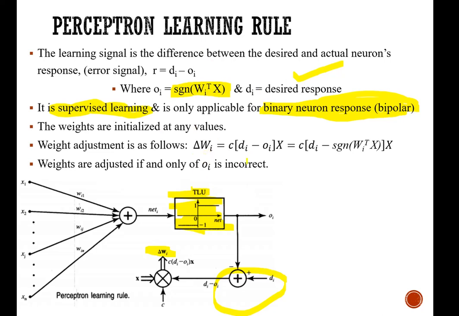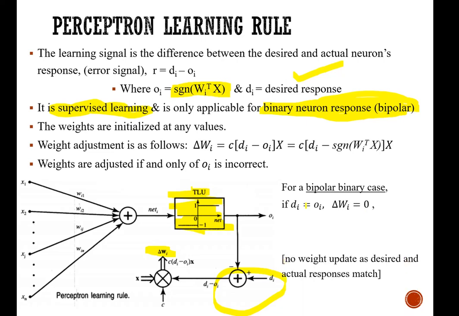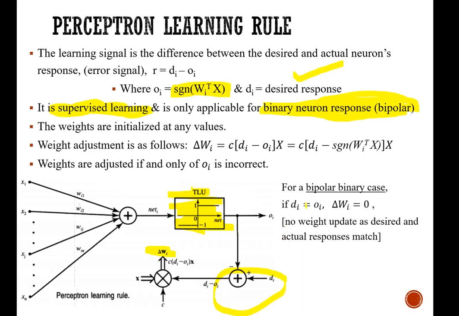For a bipolar binary case, if d_i is equal to o_i, the learning signal will be 0, and because it is 0, the weight increment delta w_i will also be 0. The weight is neither increased nor decreased. So there is no weight update, as the desired and actual responses match.